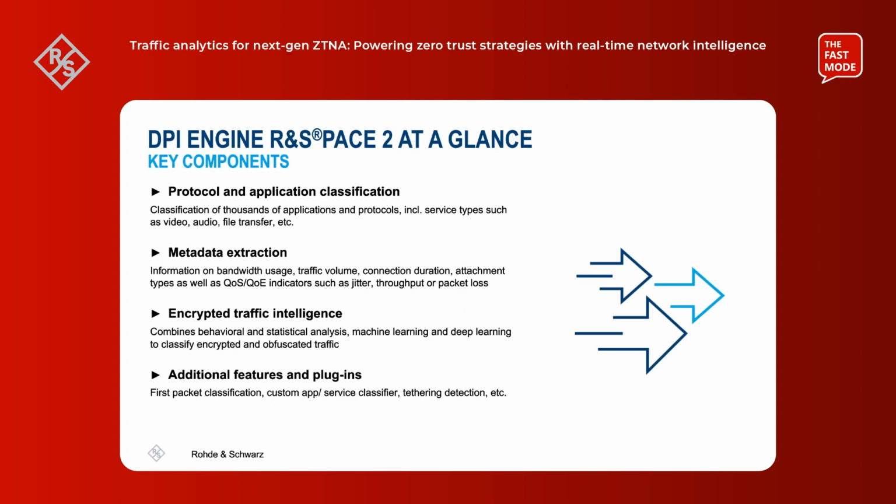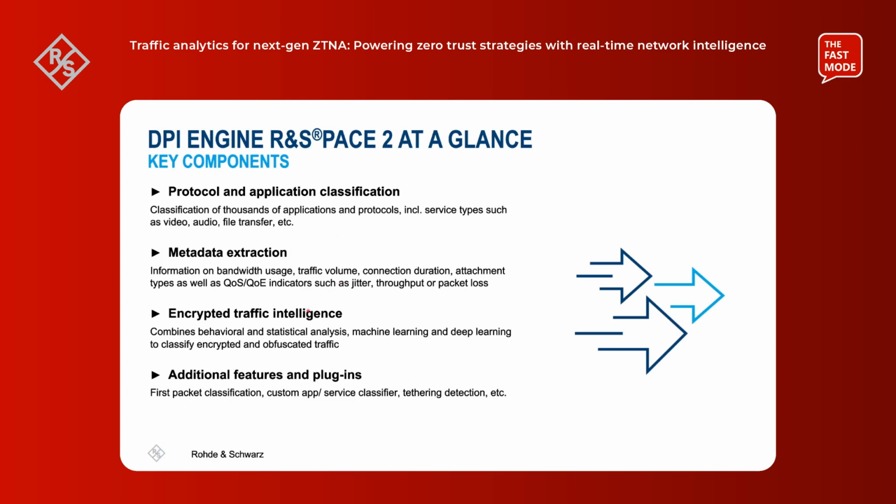On top of the protocol and application classifiers, PACE 2 and vPACE support additional metadata extractors. Typical examples can be information on bandwidth usage, traffic volume, encryption details, attachment types, as well as quality of service and quality of experience indicators, such as jitter, throughput, or packet loss. Both engines focus on encrypted traffic intelligence.